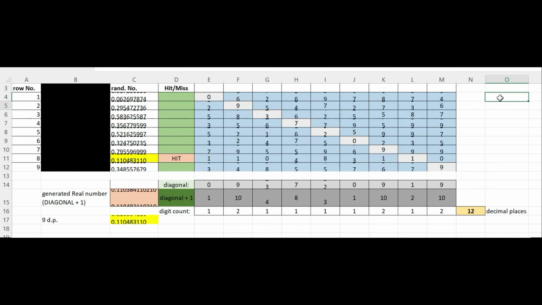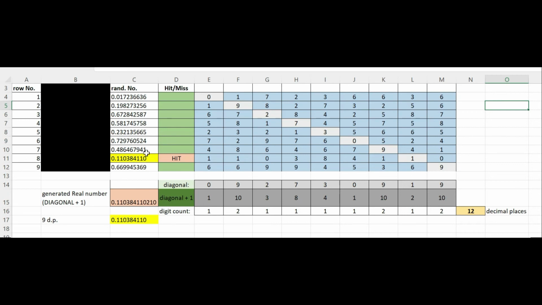Different real numbers, and all the time the second last number will always be equal to the diagonal plus ones written out as a real number. But the last three decimal places you're going to have to ignore. If you ignore those, you get a hit.